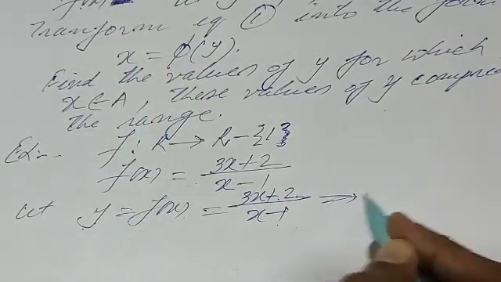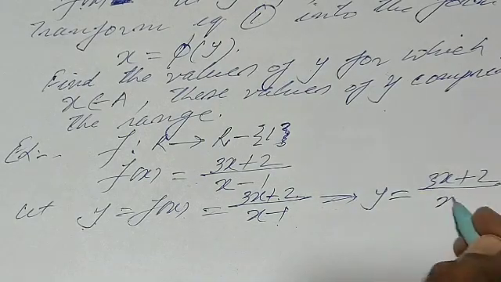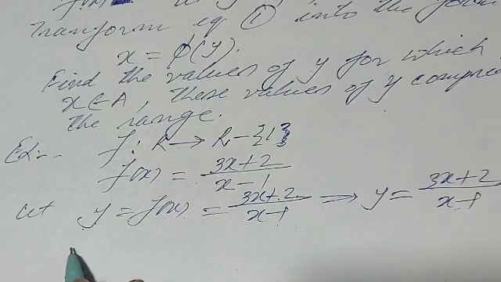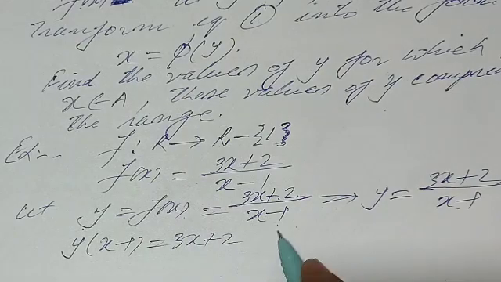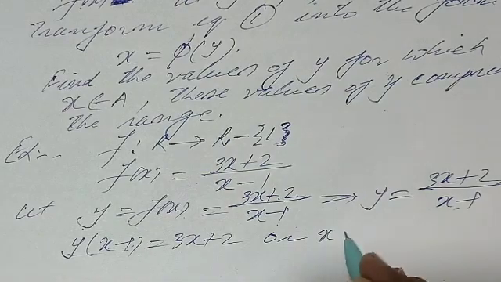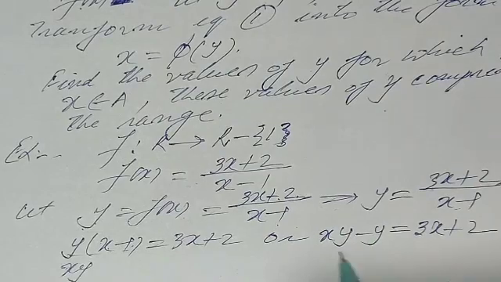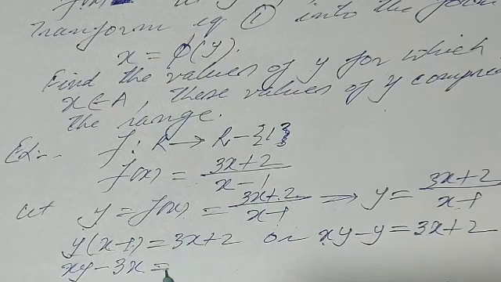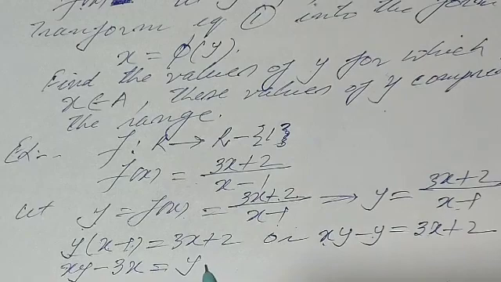So for doing so, we have y is equal to (3x plus 2) upon (x minus 1). Then we transpose x minus 1 to the left hand side. We get y into (x minus 1) is equal to 3x plus 2. Opening up the bracket, y multiplies both the terms. So we have xy minus y is equal to 3x plus 2. Then xy as it is, and transposing 3x to the left hand side it becomes minus 3x, and transposing the term of y to the other side, we have y plus 2, because on transposition y becomes positive.